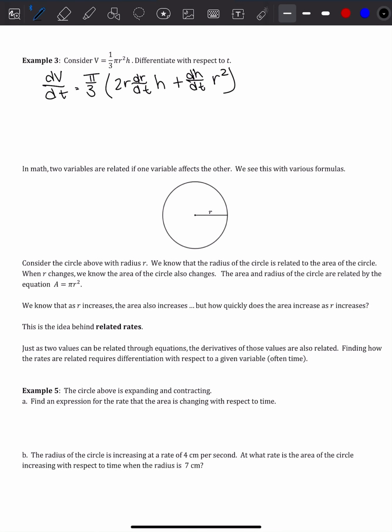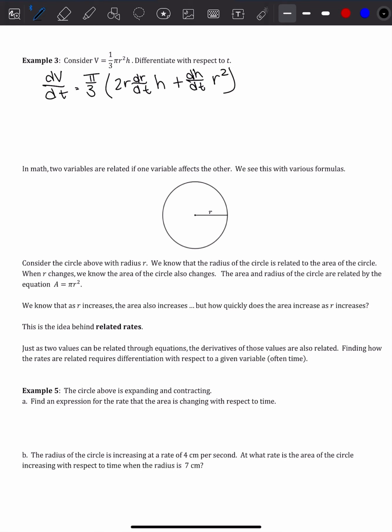So when we have two variables that are related to each other, affecting each other, we look at things in different ways. In math, two variables are related if one variable affects the other. We see this in a bunch of different formulas.